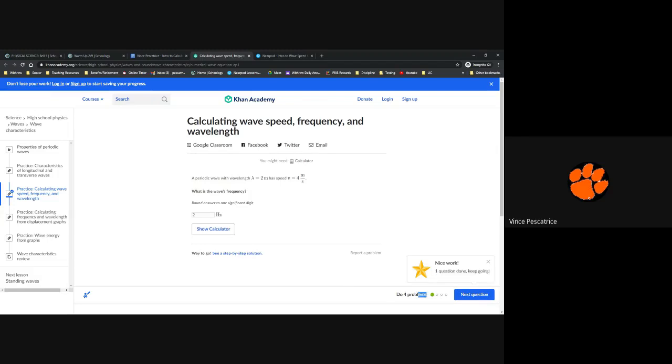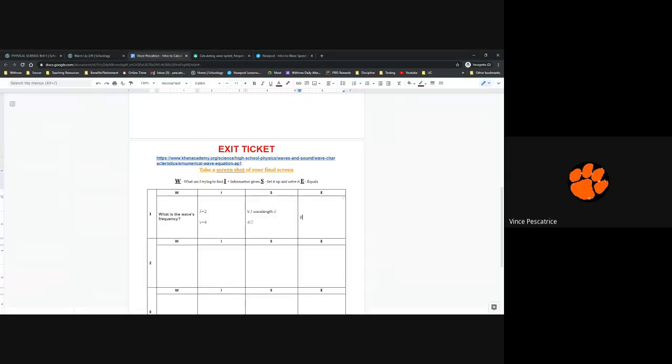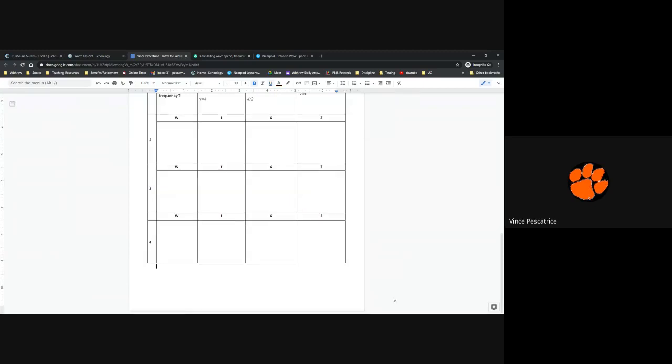There are 4 questions to do, and do them exactly like I just did them here. Then make sure you have it on your exit ticket like that. When you're done, take a screenshot of your final screen that says you got blank out of blank right and post it at the bottom.